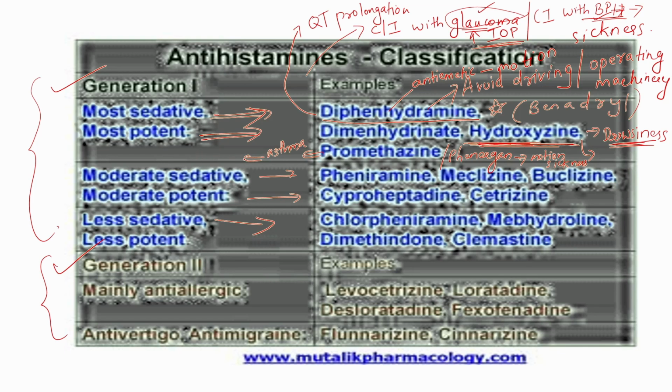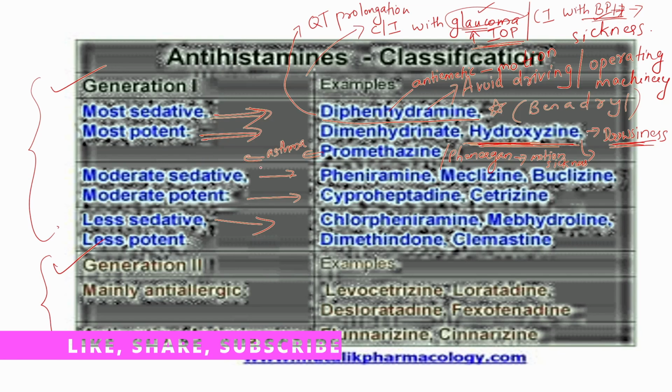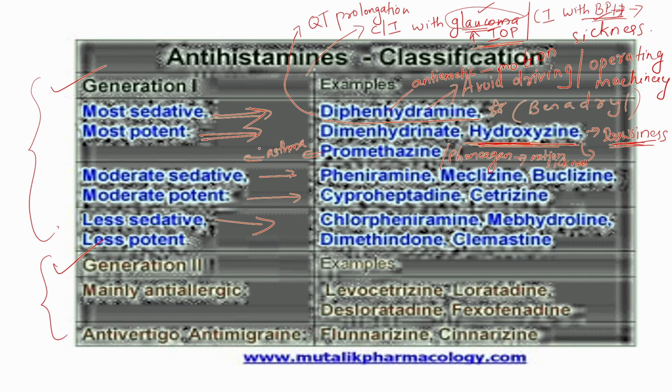So what happens? There can be worsening of the asthma symptoms. Promethazine can cause worsening of asthma symptoms because the bronchial secretions get thickened. So this is another important thing that we should note with promethazine. So these are all the generation 1 drugs.